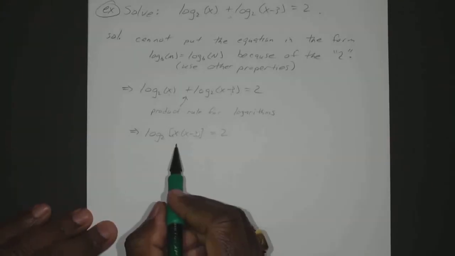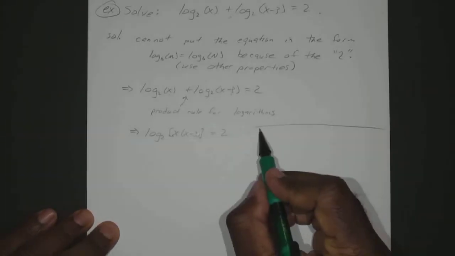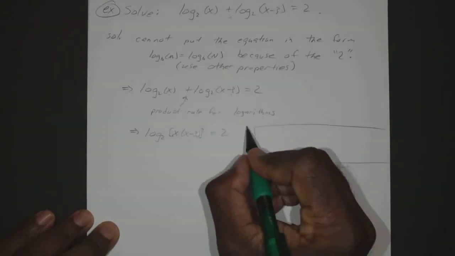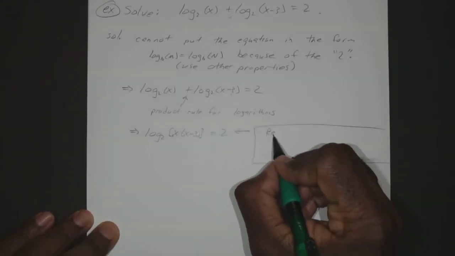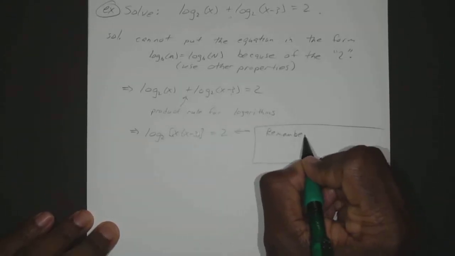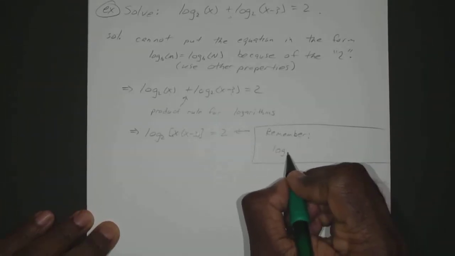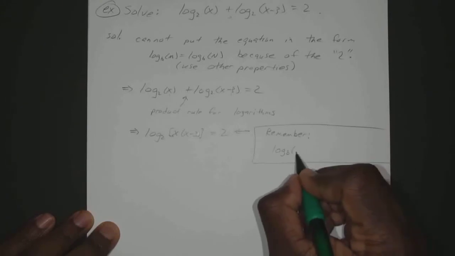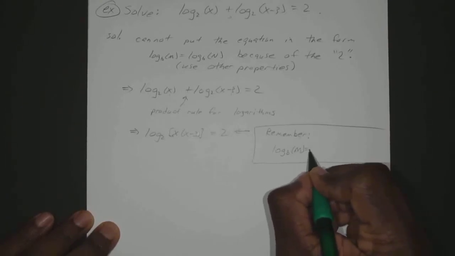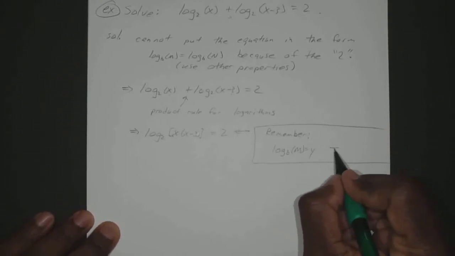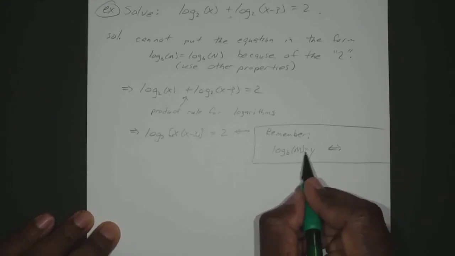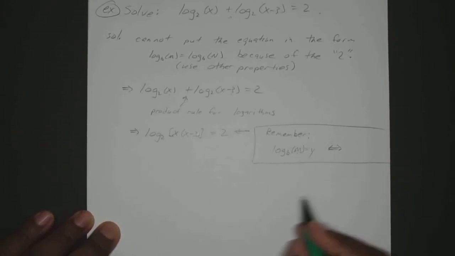Once you have it in this form, you just have to remember that log base b of m equals y is equivalent to b to the power of y equals that m.